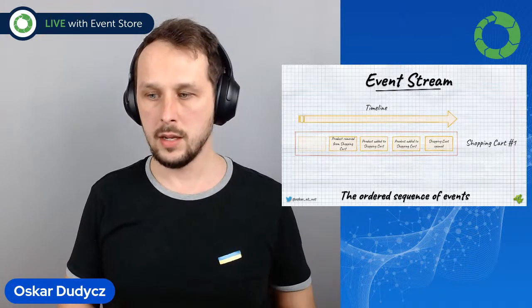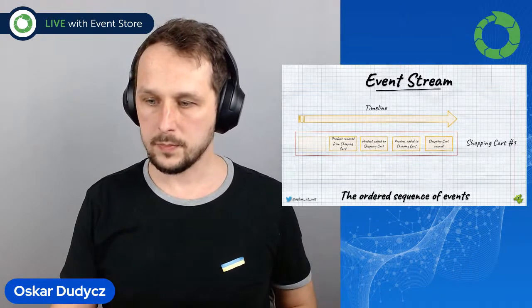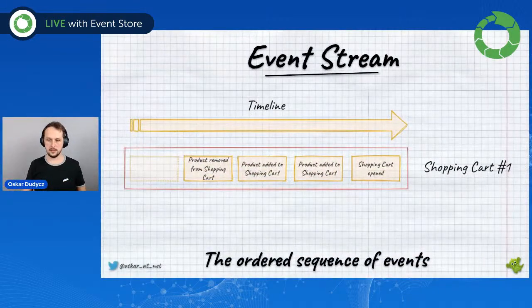It's a story about the specific object, in this case, a specific user's shopping cart. So as we see, there is a shopping cart opened event, product added to shopping cart, and product removed from shopping cart. So this is one by one showing the history of the object, so all the business operations that were recorded for it.